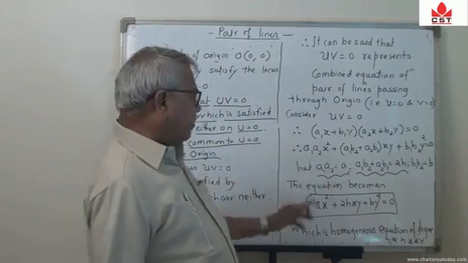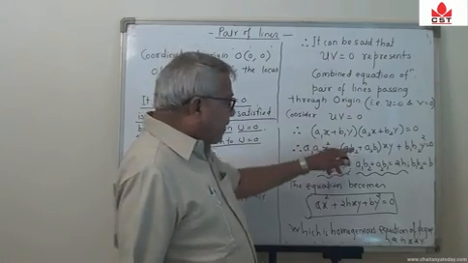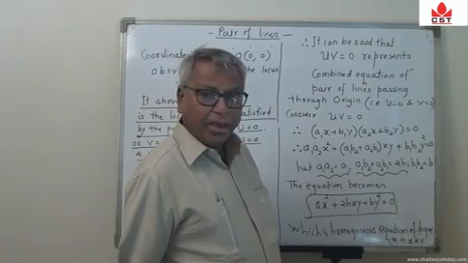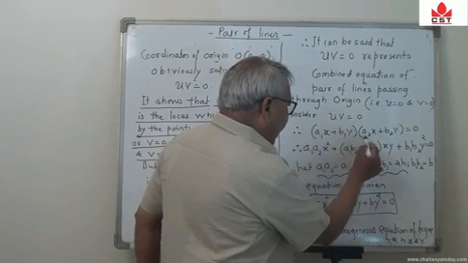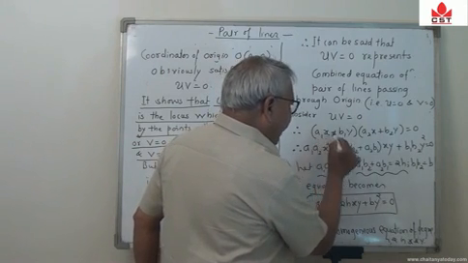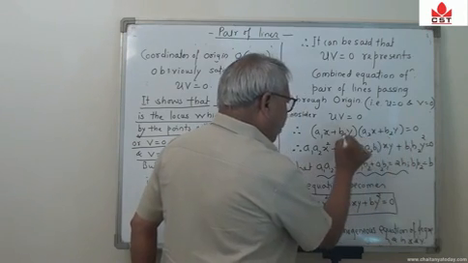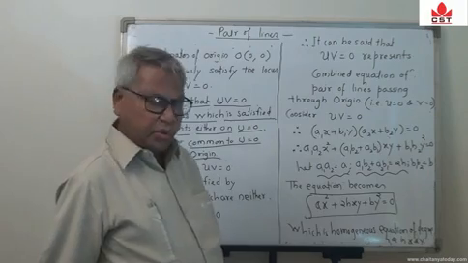Simplifying, a1a2x square plus (a1b2 plus a2b1)xy plus b1b2y square. See that: a1a2x square, a1x into b2y gives a1b2xy, a2b1xy, plus b1b2y square is equal to 0.